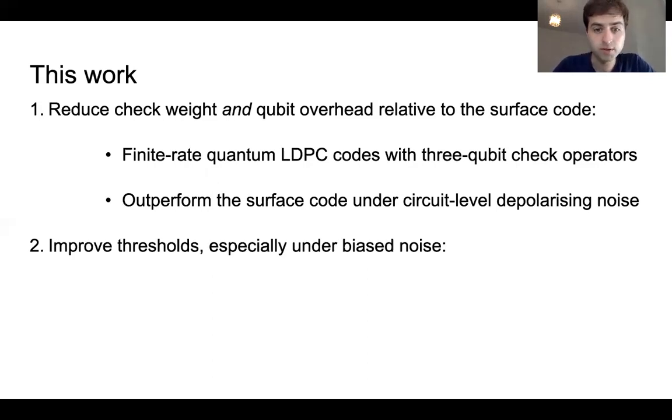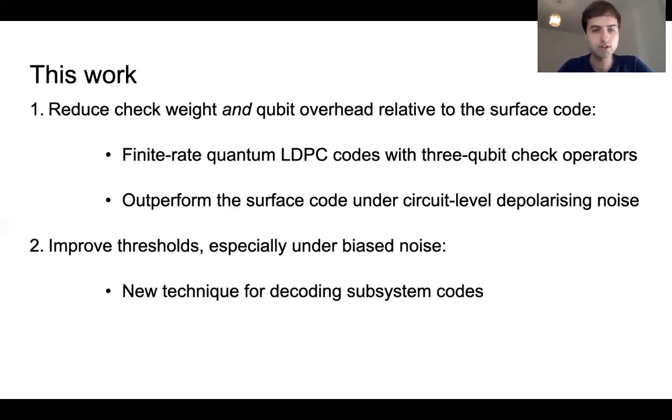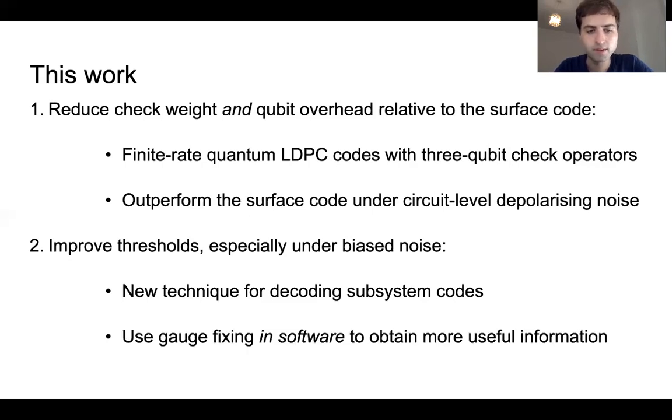We also show how you can improve the thresholds of a wide family of quantum error correcting codes, especially under biased noise models. And we do that by introducing a new technique for decoding and measuring subsystem codes. And this uses something called gauge fixing in software to obtain more useful information.